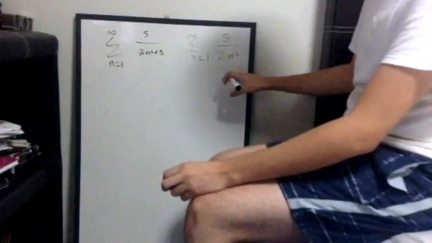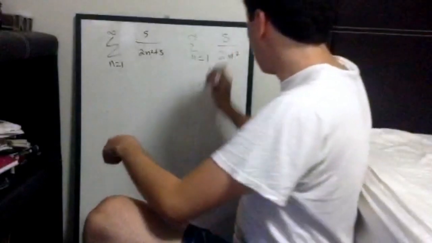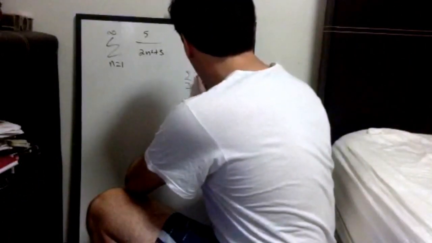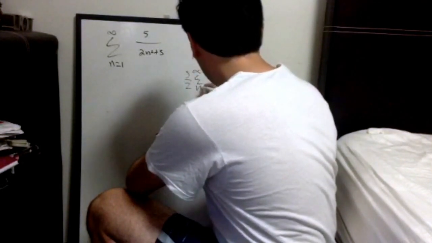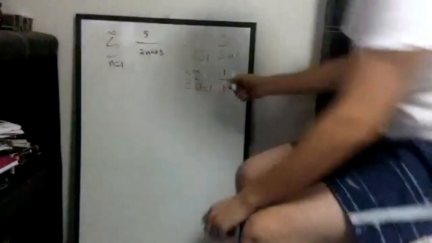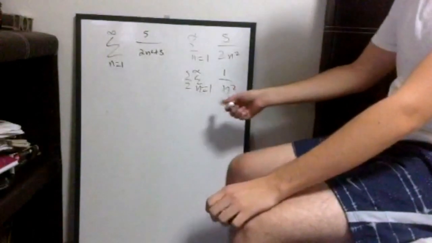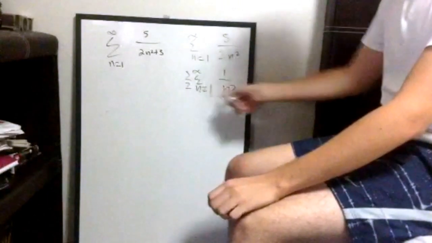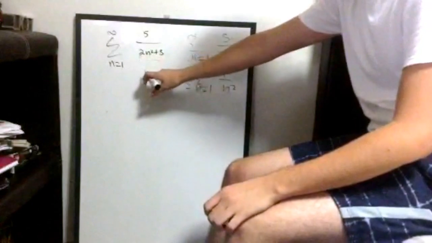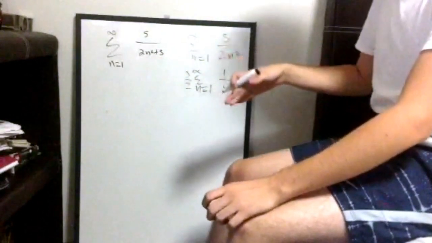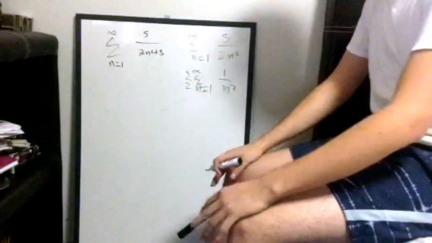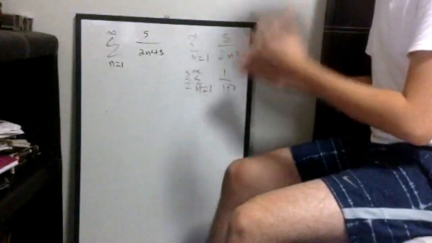We know that this series converges because we could take out this 5 over 2, and just as if it was an integral, we'll have 1 over n squared. So we know that this specific series converges. By comparing the original series to this one, we'll know if the series converge, because if our limit test results, then both series must converge.